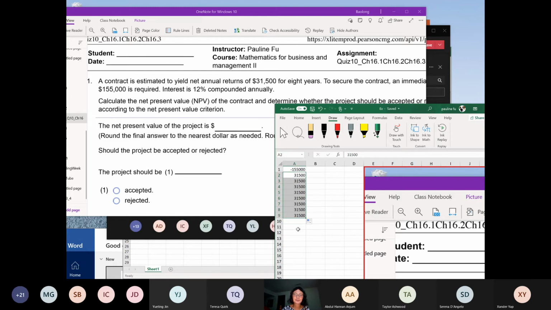Now the question asks you, what is the NPV? Okay, net present value. If you use Excel, you type in equal NPV, rate is 12%, that is given, comma, and then you select range from A2 to A9, closing bracket, and then plus the initial outlay.